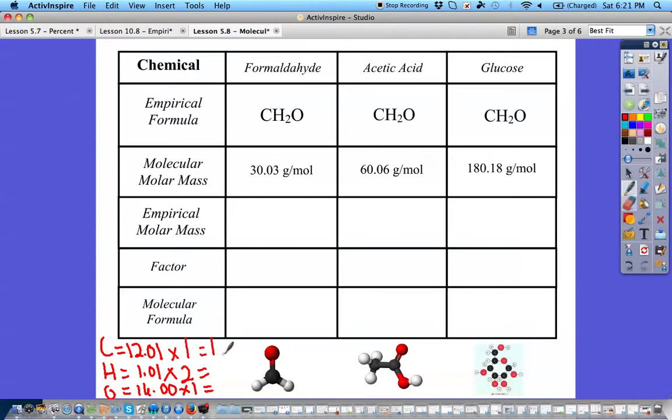So this is going to be 12.01, 2.02, and 16. So our empirical molar mass should be 30.03 grams per mole. And since we have the same empirical formula for all 3 chemicals, the empirical molar mass is going to be exactly the same.